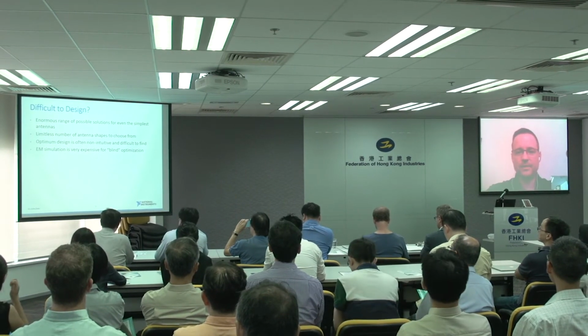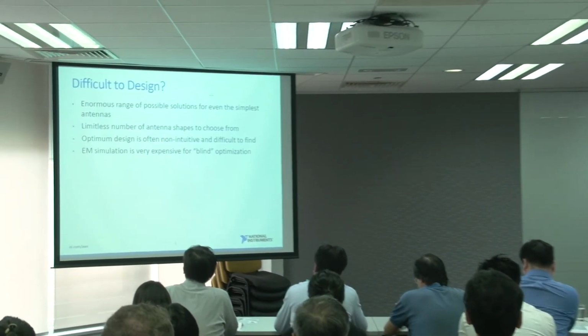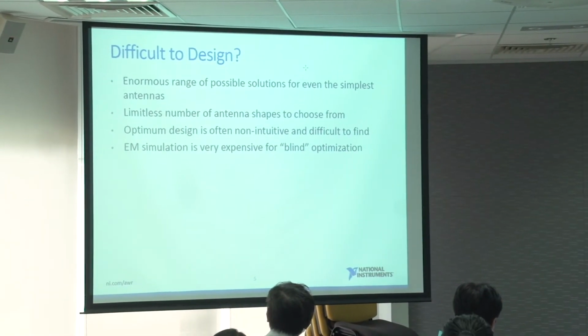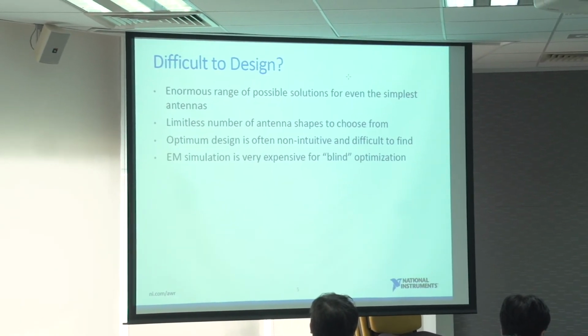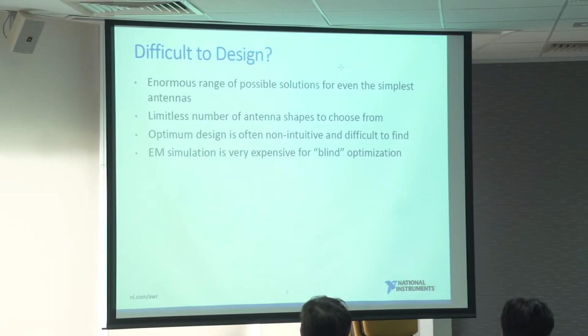So one question is, are antennas really difficult to design, or how difficult are they to design? There's an enormous range of possible solutions for even the simplest of antennas. There's a virtually limitless number of antenna shapes to choose from.